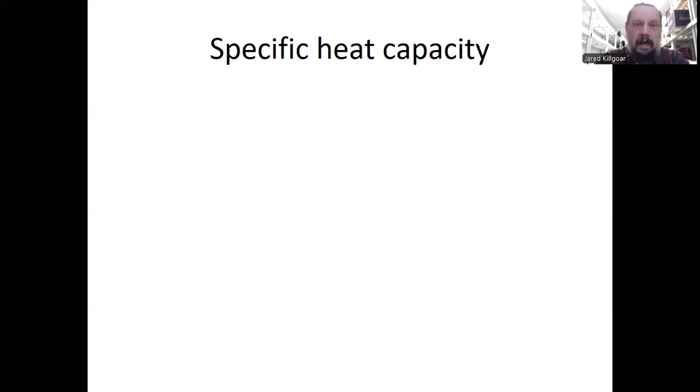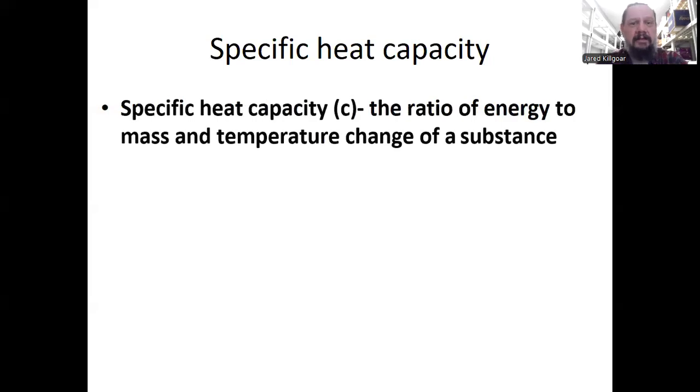So write this down, guys. Specific heat capacity is the ratio of energy to the mass and temperature change for a substance. Okay, so that's a big idea. Oftentimes, we use the shortened version, just call it specific heat.